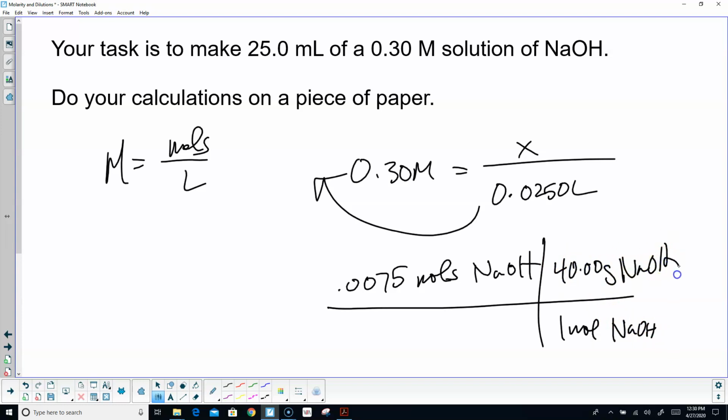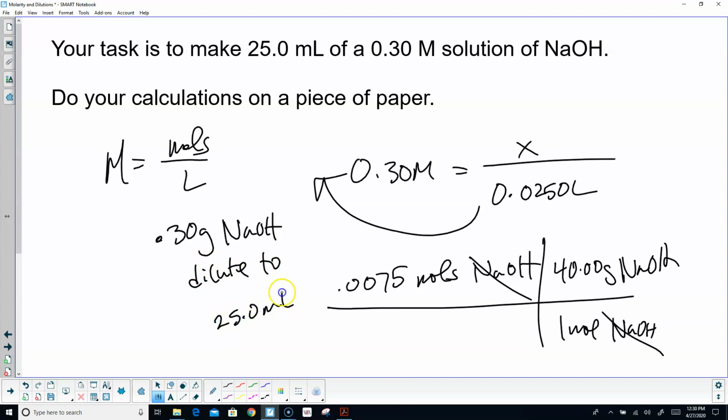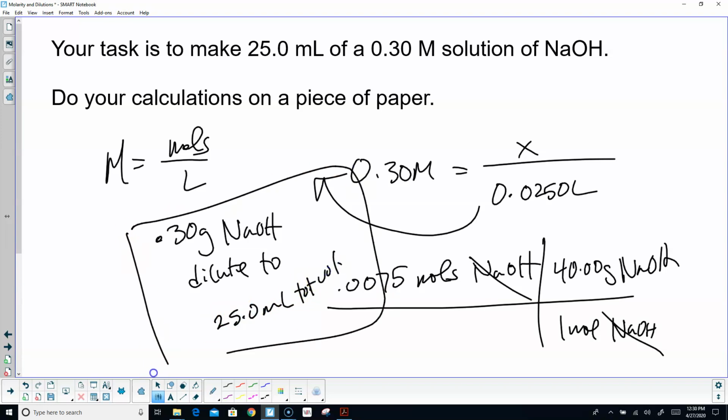I'm going to multiply 0.0075 times 40, and you end up with 0.30 grams of sodium hydroxide, and then I would just dilute to the 25 mL total volume. So that's the mass of sodium hydroxide you'd weigh out. You'd put it in a graduated cylinder and dilute it up to a total solution volume of 25 mL. That's basically how it goes.